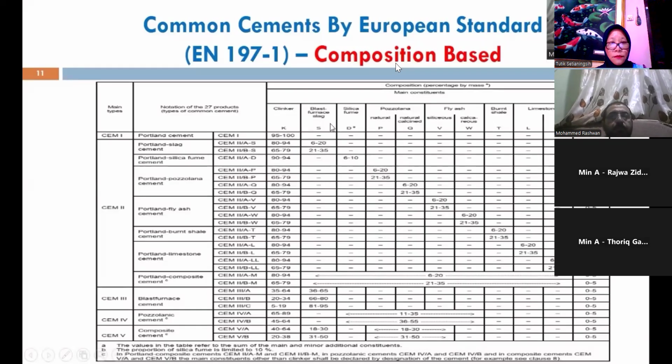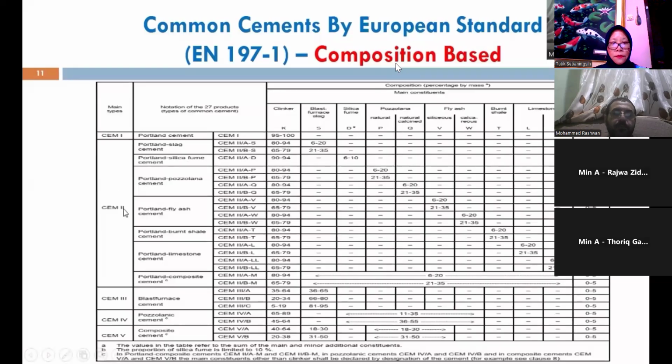We can also see several main constituents that form these common types by the European standard, like slag, silica fume, and pozzolana, whether natural or natural calcined, fly ash, whether siliceous or calcareous, burnt shale or burnt clay, and limestone, L or LL, depending on the TOC, total organic carbon.